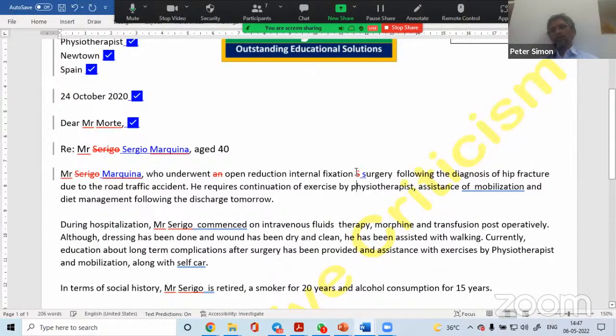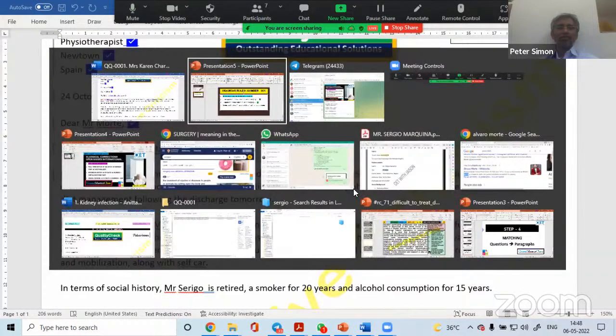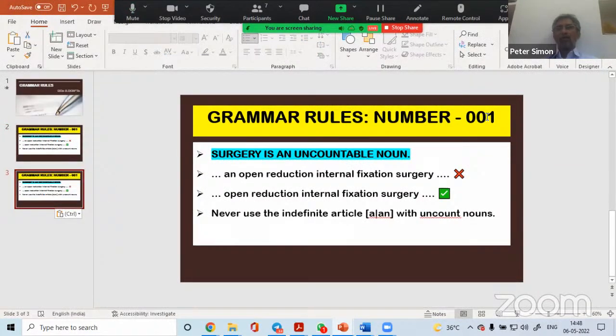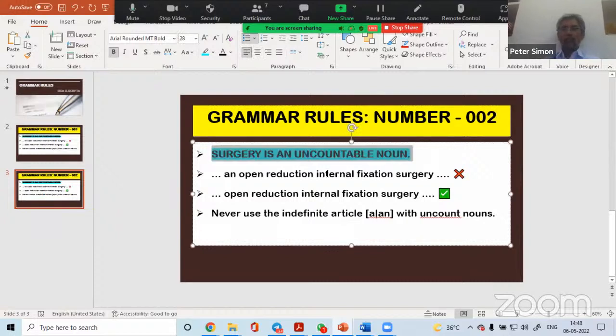Next, capital letter. Why did you use a capital letter? What's the reason behind it? So grammar rules number 2: punctuation.